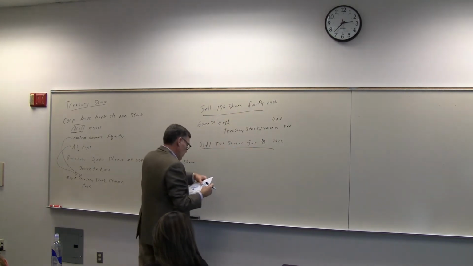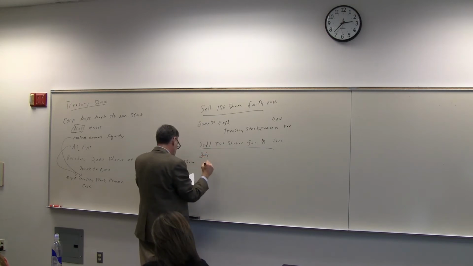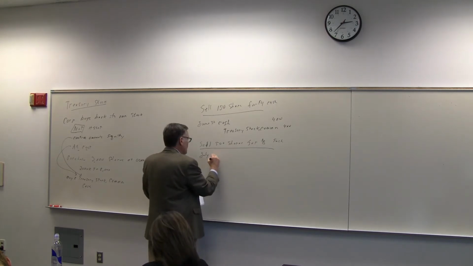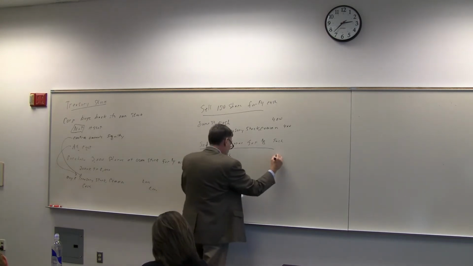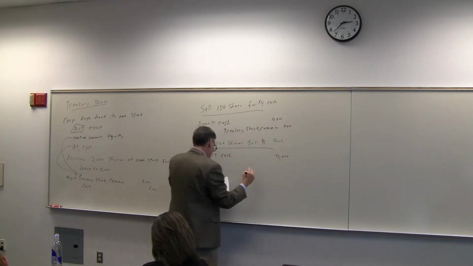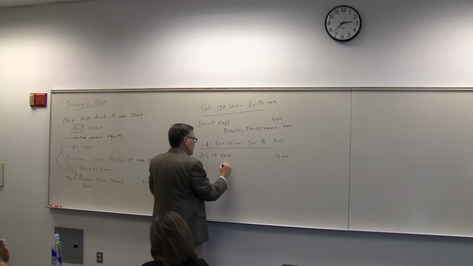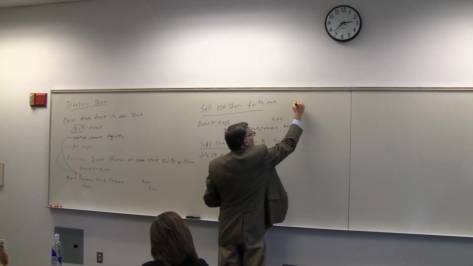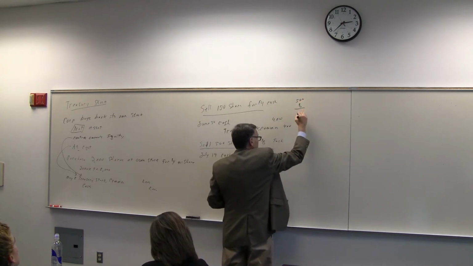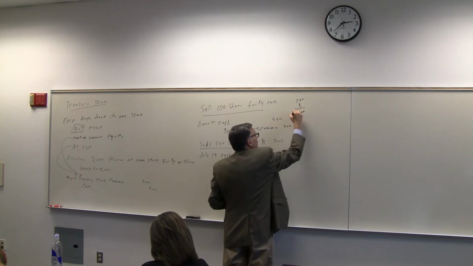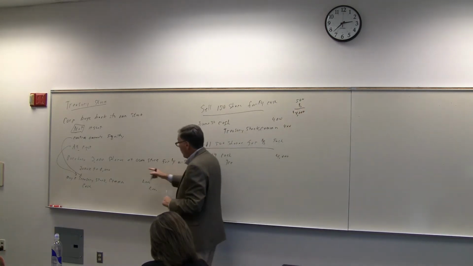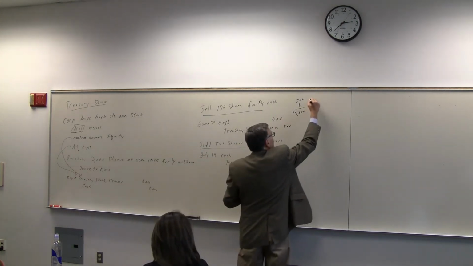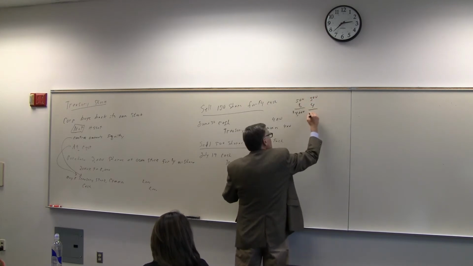So July 19th is when they actually make the sale in this one. In other words, 8 times 500 is 4,000. So on July 19th, cash is debited for 4,000. And treasury stock, and where I'm getting this is 8 times 500 is the 4,000. Okay? Now, they paid 4, right? So 4 times 500 equals 2,000.